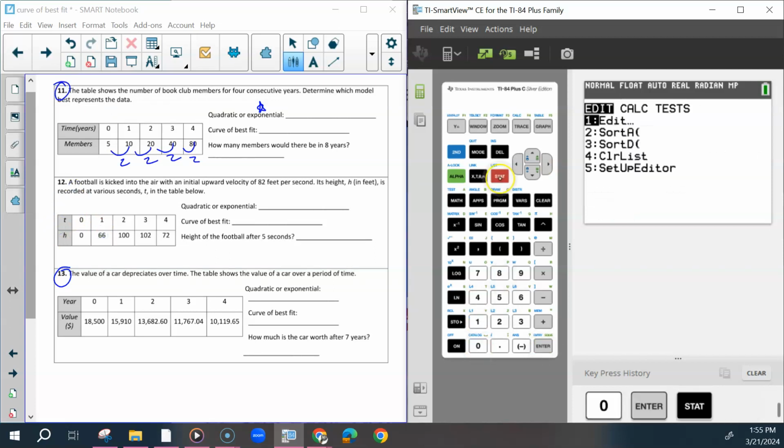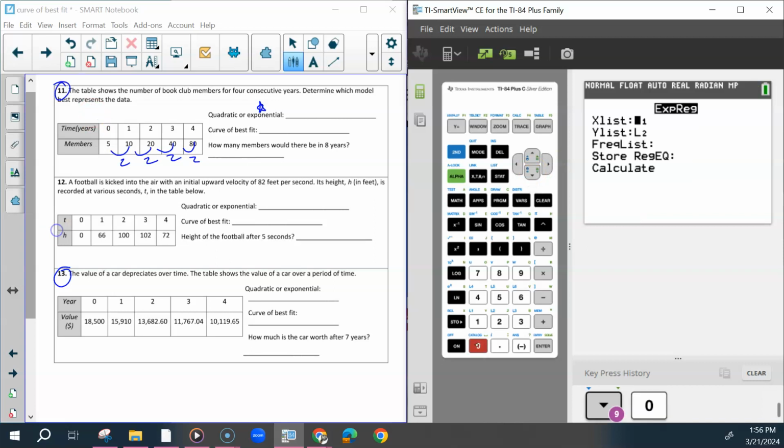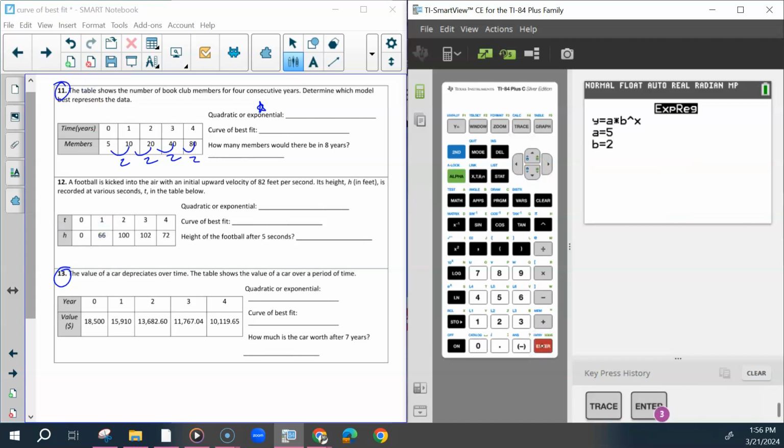And then I'm going to go into stat, go over to calculate, and then down to 0, because I think it's exponential. And then because I'm going to be using the data to answer other questions, I'm going to store this, alpha trace, and I see that this equation would be y equals 5 times 2 to the x.